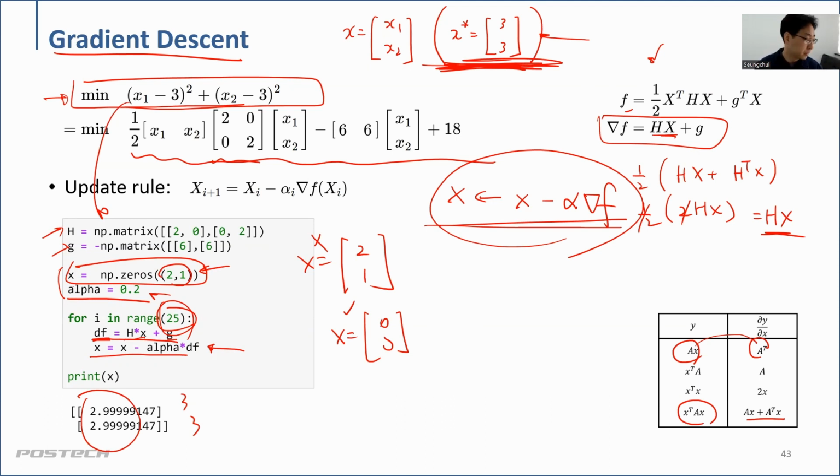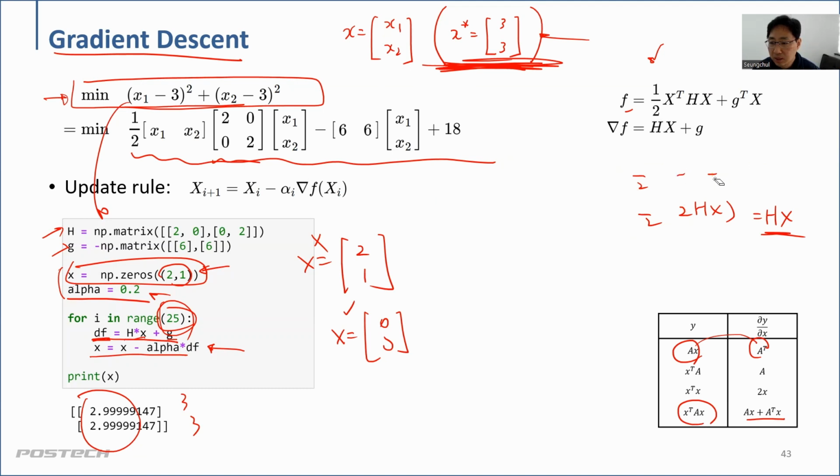Excuse me, I have a question. Why does the matrix H have to be a matrix of 2s? Can we just put 1 into the matrix and remove the 1/2 in front? Okay, I see.